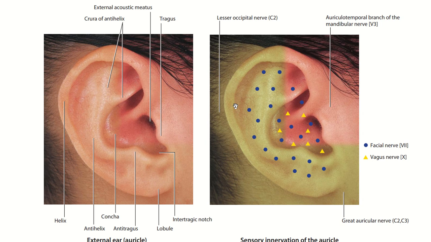Your lesser occipital nerve has roots coming from anterior rami of C2 and some contribution from C3 in other individuals. These C2 and C3 ventral rami will supply the posterior superior aspect of the scalp and a portion of your ear right here, your pinna.